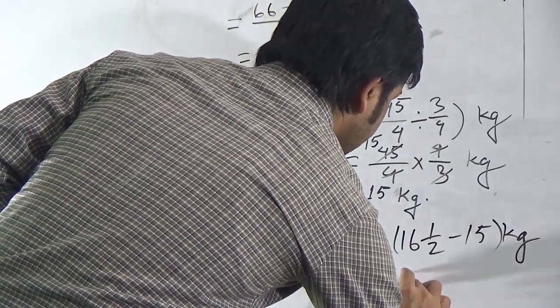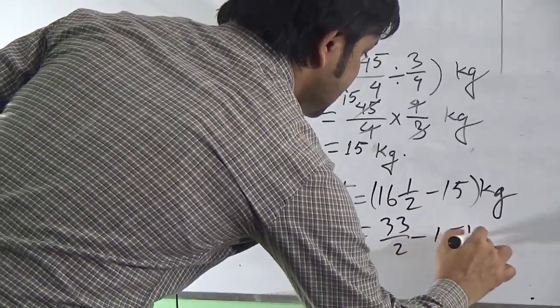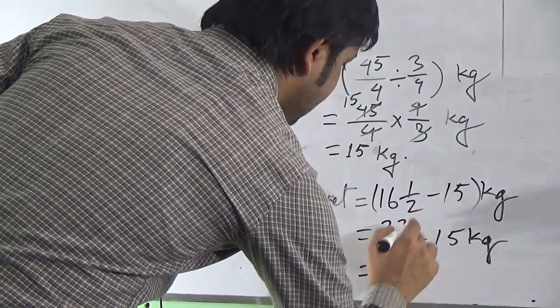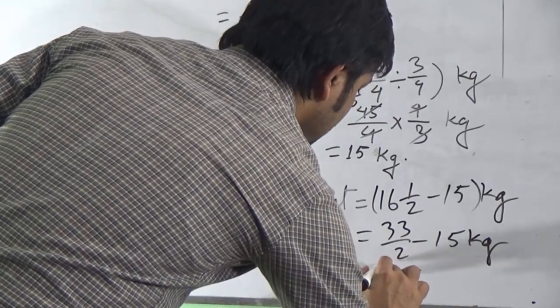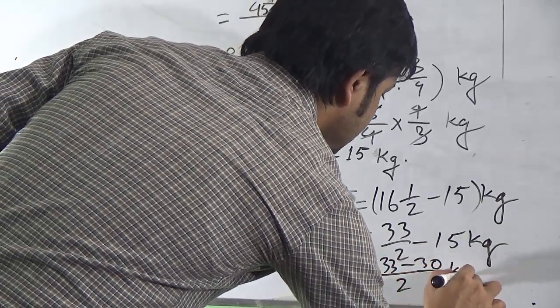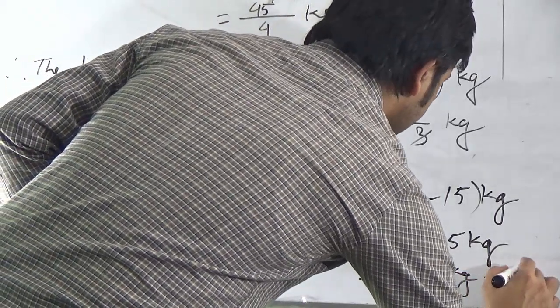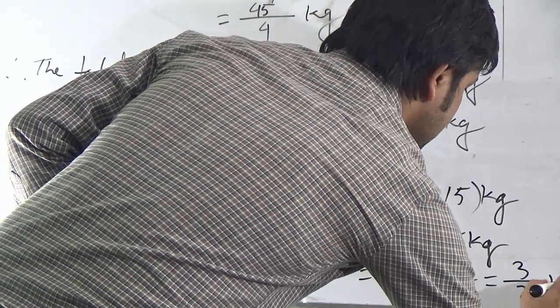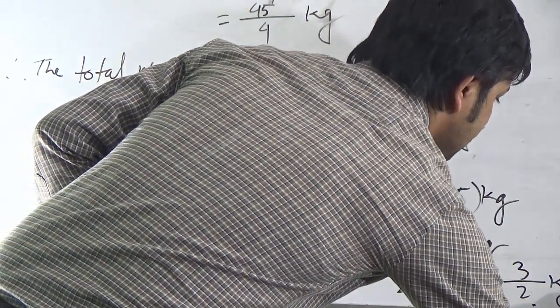This will be 33 by 2 minus 15 kg. So if we calculate now, we will get 33 minus 30 over 2 kg. This means 3 by 2 kg, it means 1 integer 1 by 2 kg.